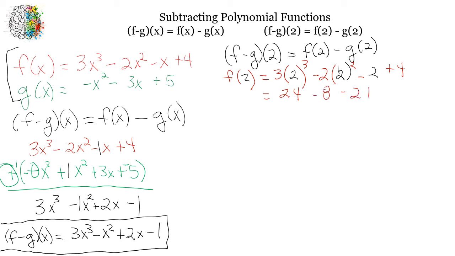Minus 2 plus 4. So my f of 2 is going to be 24 minus 8 minus 2 plus 4, which is going to give me 18.